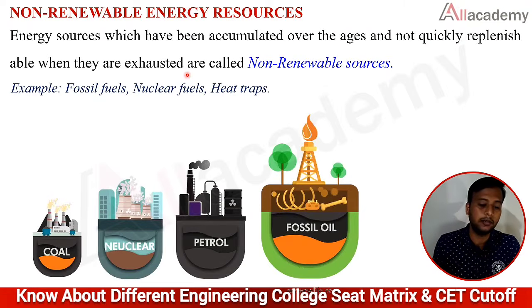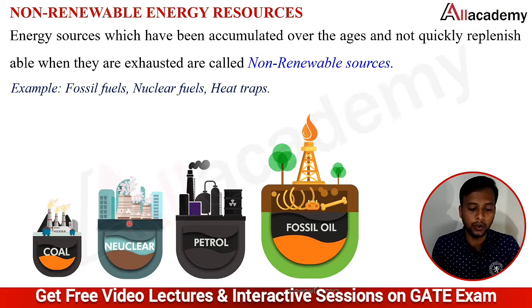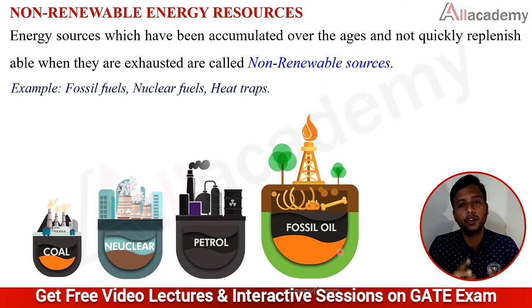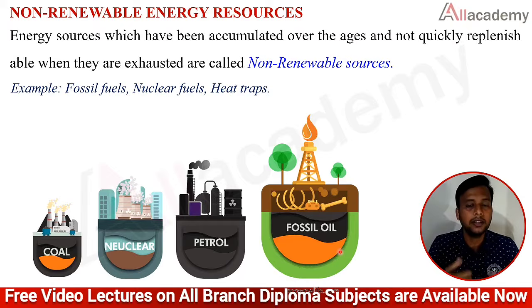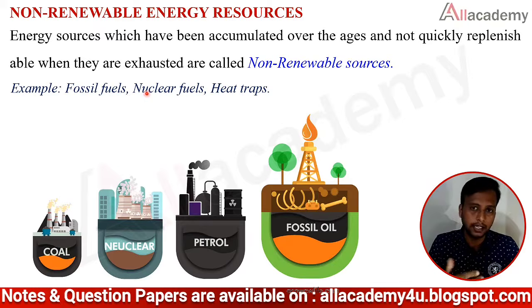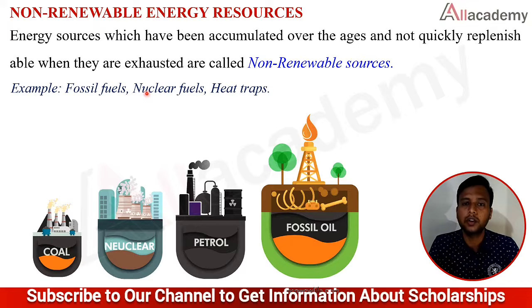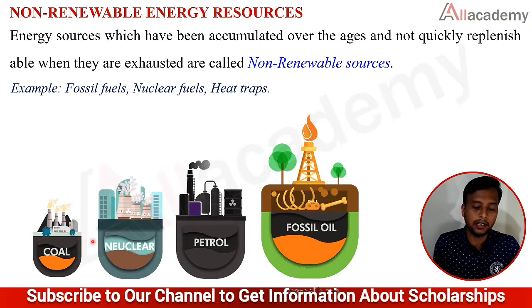Here you can see the best examples: fossil fuels like coal, nuclear energy, petrol. These are examples of non-renewable energies. Once they have been used, they cannot be reproduced immediately, though they can be produced; it takes a long age to produce the quantity we are using now. The best example is petrol.